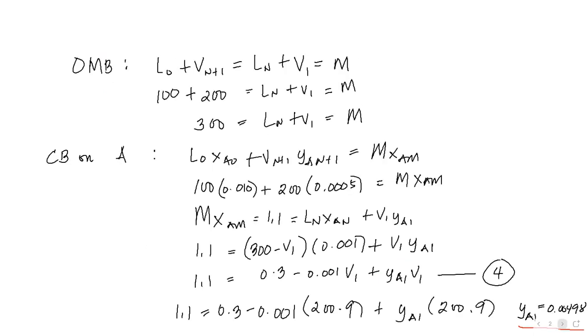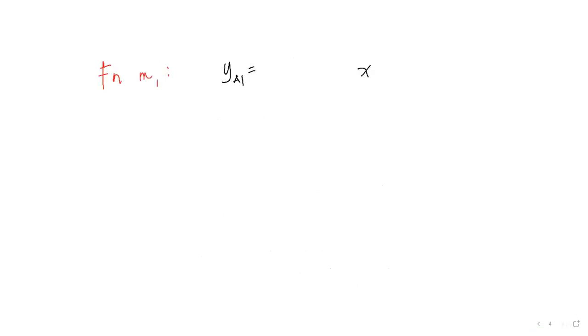is 0.00498. I'll use a different color. This will be the concentration that you will look for the Y of in the equilibrium data that is provided.